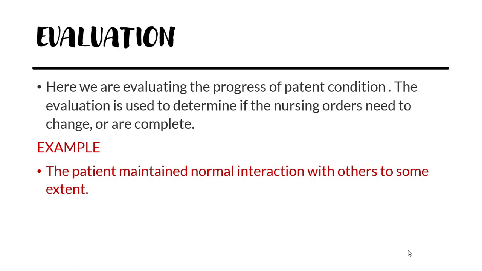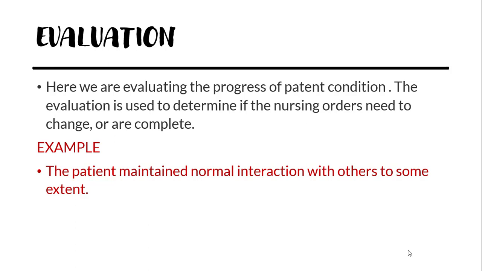In this example, you can see how to write the evaluation: the patient maintained normal interaction with others to some extent. So after implementing the plan, you come to an evaluation that the patient maintained normal interaction with others to some extent. This is the format you have to follow while writing a nursing care plan.